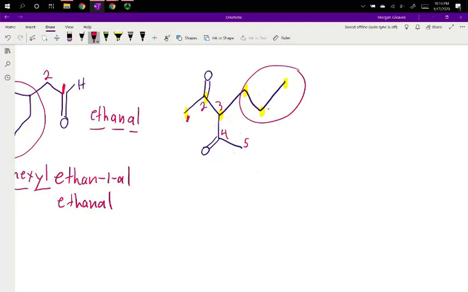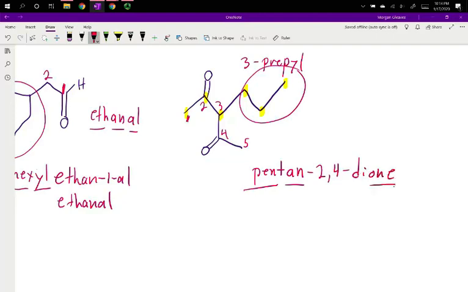Well, I have a subgroup at the 3 position. It is a propyl. And I have ketones at the 2 and the 4. So the main chain is 5, so it is a pent. They are single bonded carbons to each other. It is a pentan. And then we have a 2,4 dione.